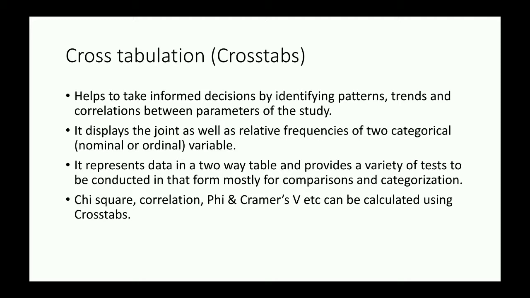You can also compare between two different classes of two different variables. The important values which can be calculated out of crosstabs: you can calculate the correlation between variables, you can know the phi and Cramer's value, and you can also bring out the chi-square and other things using the cross tabulation.